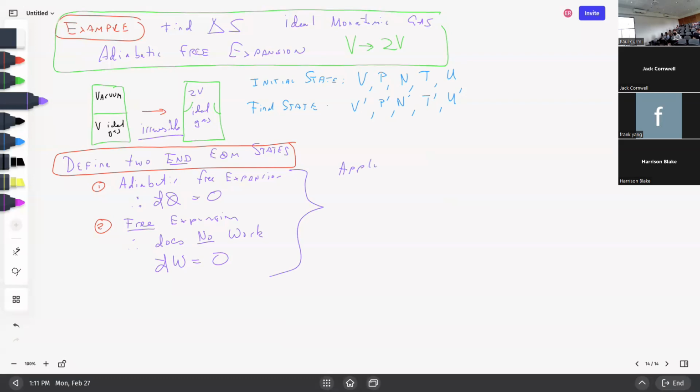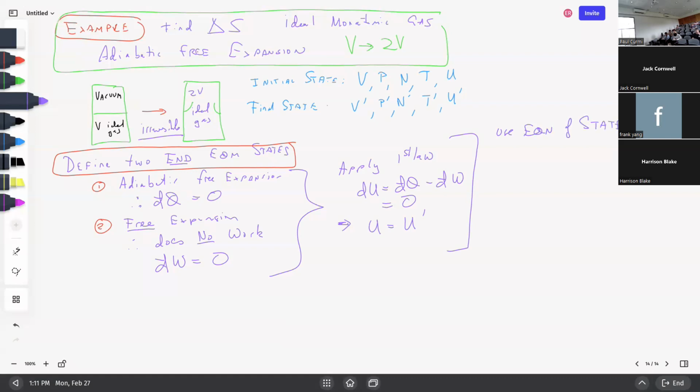So I take that, apply first law. So I get dU equals dq minus dW, which equals 0, because I've got no work and no heat. So this gives me that U is equal to U dashed. Okay. So what else do I know? Use equations of state.